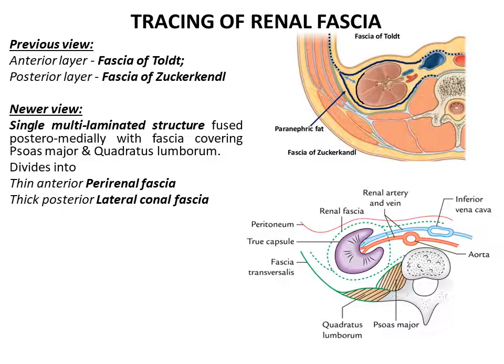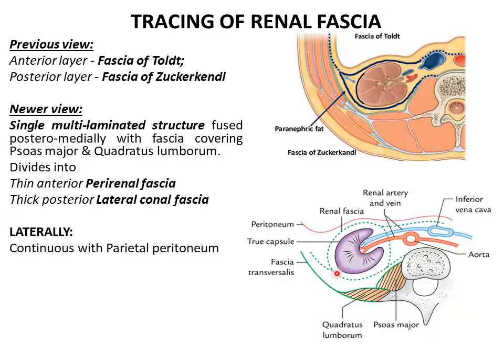From here, it extends anteromedially and divides into two layers, an anterior thin layer called the perirenal fascia and a posterior thick layer called the lateral conal fascia.